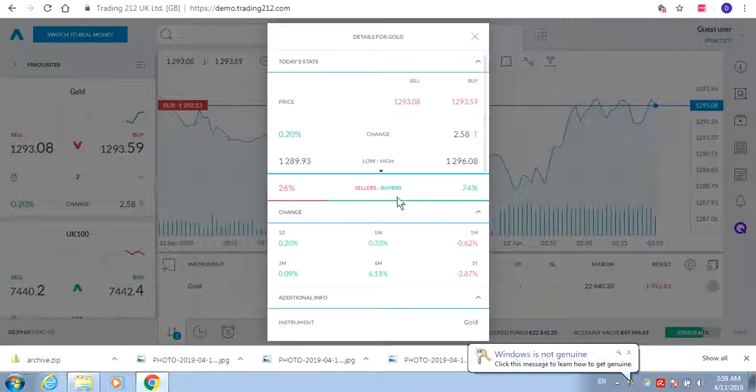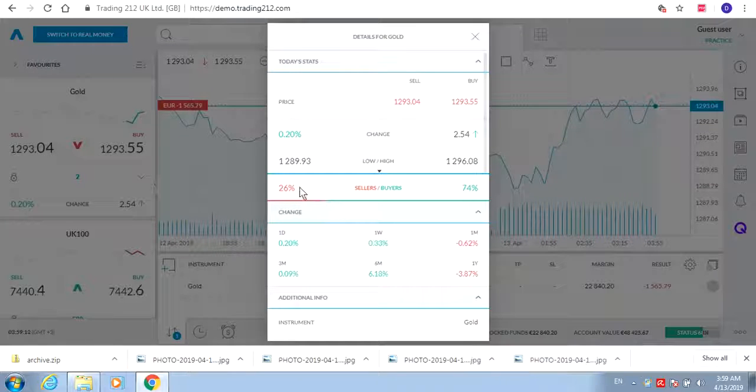When buyers are controlling the market, the price will go up, while at this point the resistance action will be started by sellers. When the resistance action is started by sellers, they will try to push the price down.